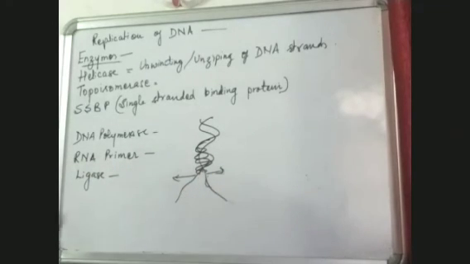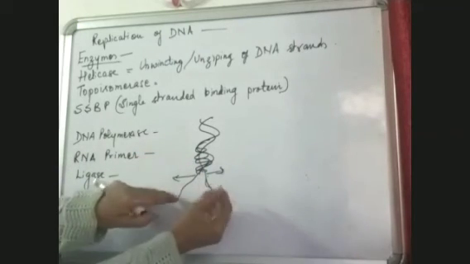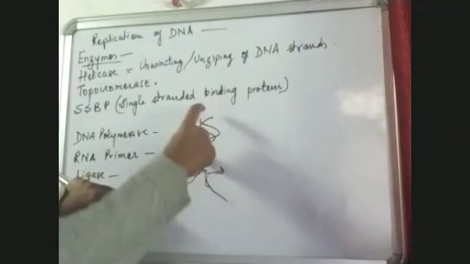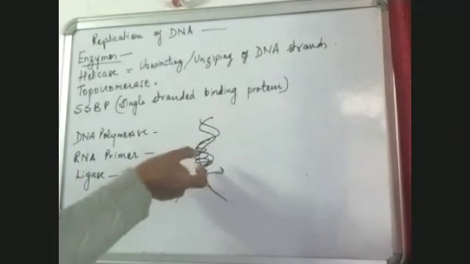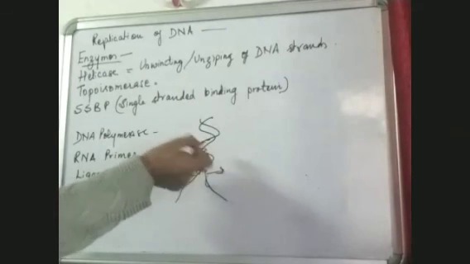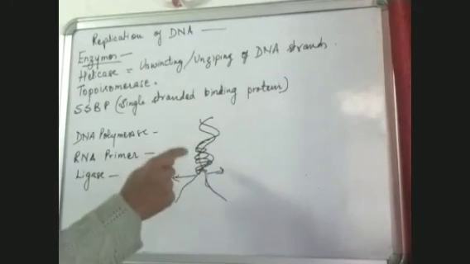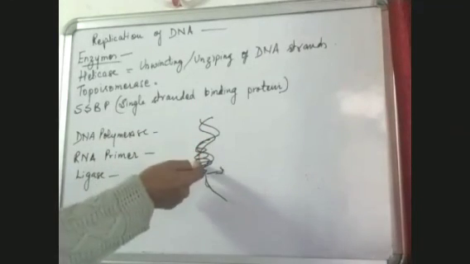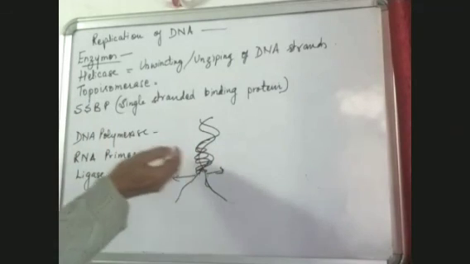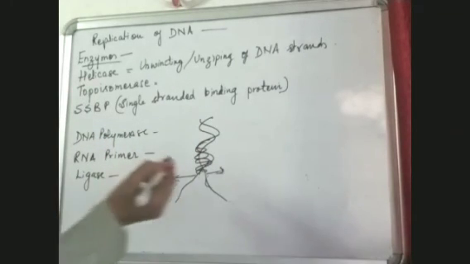So the tension needs to be removed. Because the strands are stretched towards this side, the coiling is present in the form of multiple coils, and a tension is created. This tension, created due to very close coiling of the DNA strands, is taken care of by topoisomerase.